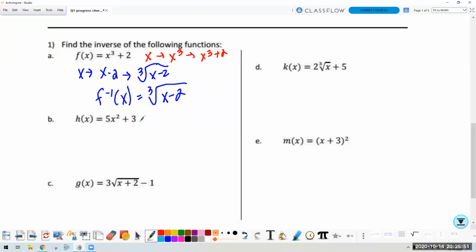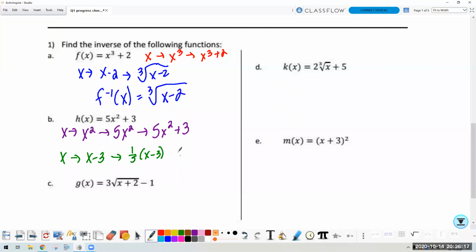Now for h, I start with x, then goes to x squared, then becomes 5x squared, then becomes 5x squared plus 3. So the inverse undoes the original backwards. So to undo plus 3, I subtract 3. To undo multiply by 5, I'm going to multiply by 1/5.